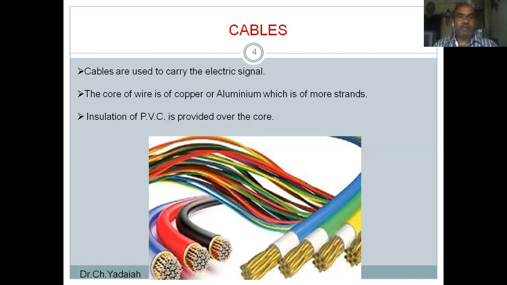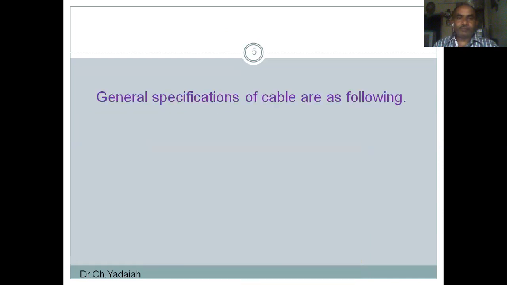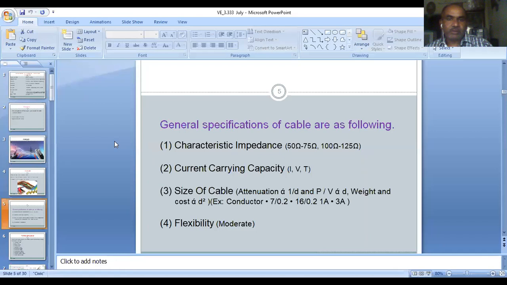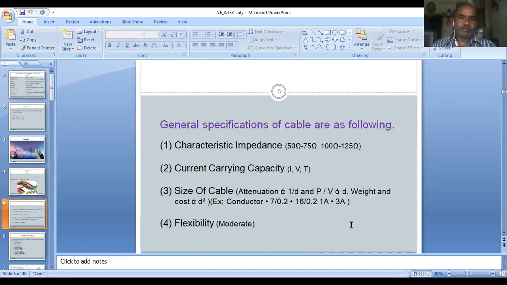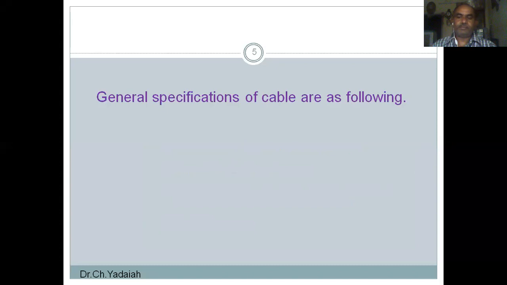The insulation of PVC, polyvinyl chloride, is provided over the conductor. General specifications of cables are as follows.